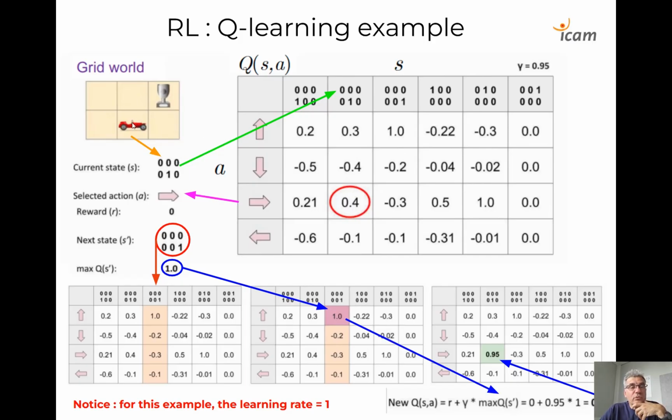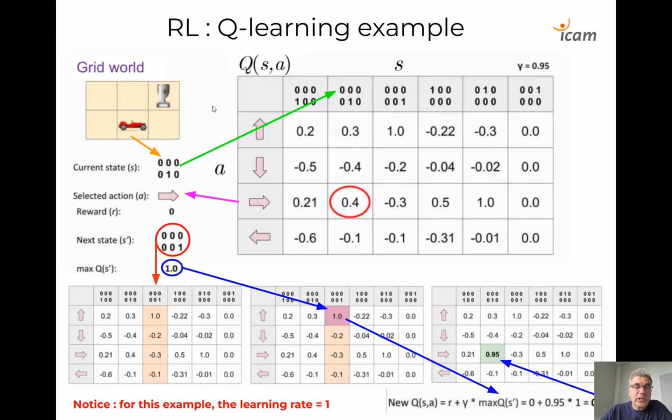The goal for the agent is to try to find the policy to send the car to the goal, on the top right cell. This is the current cell. Current cell means 1 means the car is here. So the car is on the middle cell on the bottom. Everywhere else, there are no cars. Okay, so this is the state.